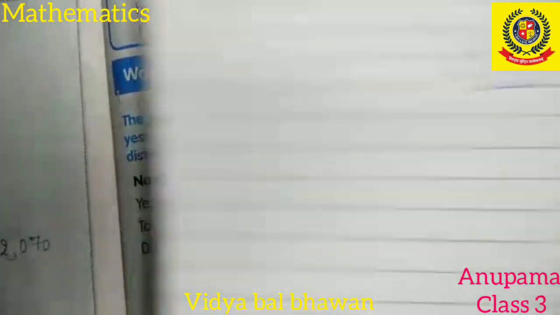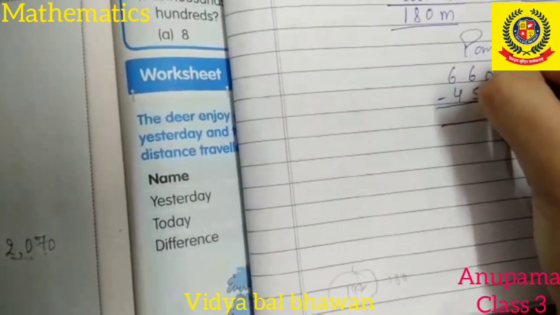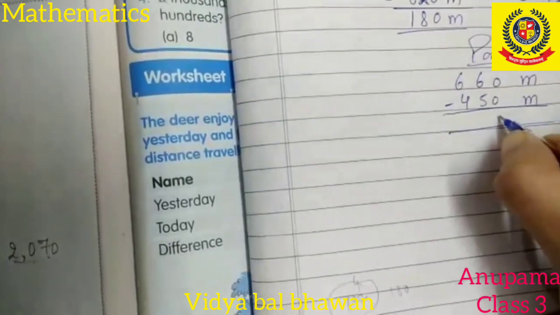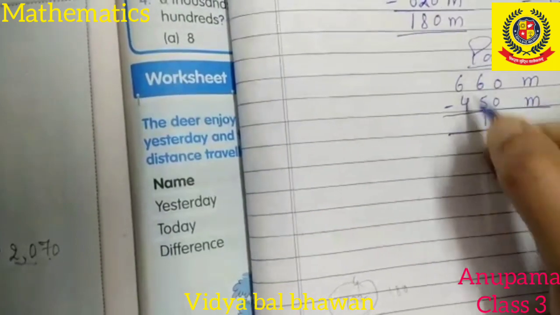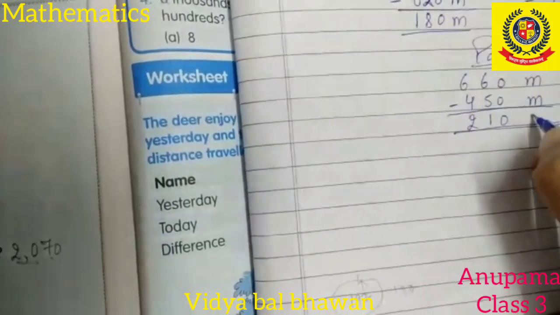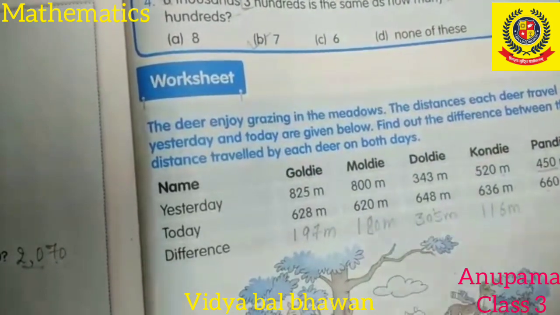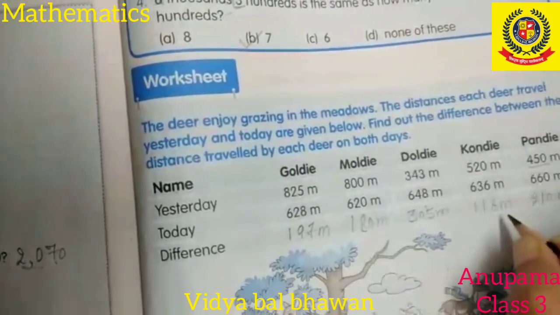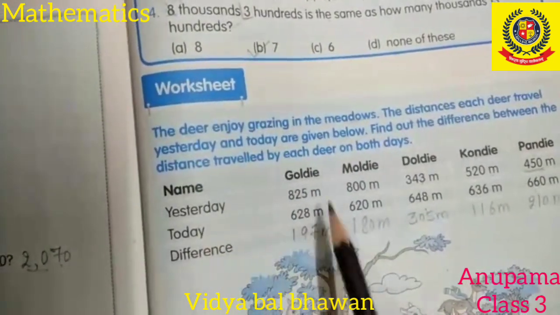So 0 minus 0, 0. 6 minus 5, that is 1. 6 minus 4, that is 2. So the difference is 210.